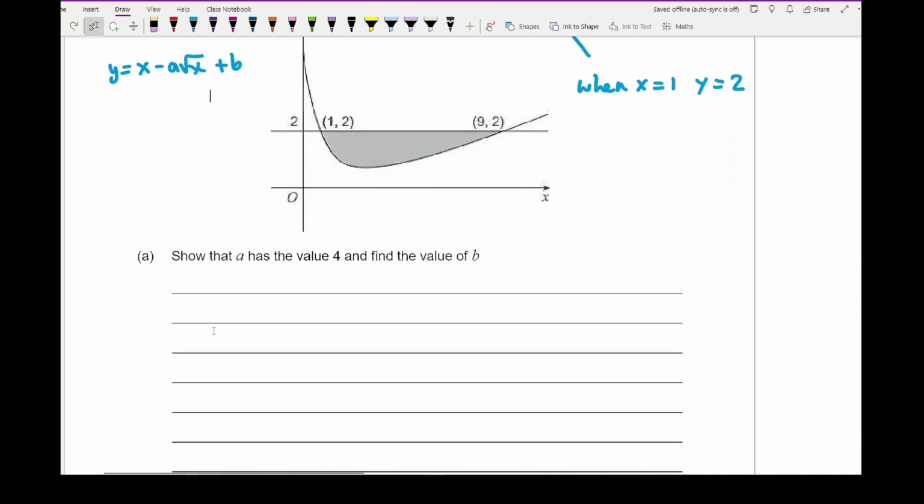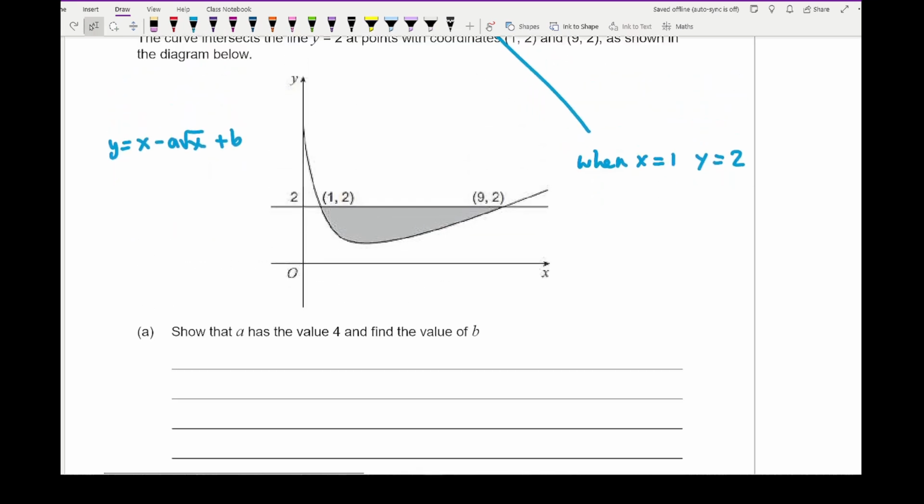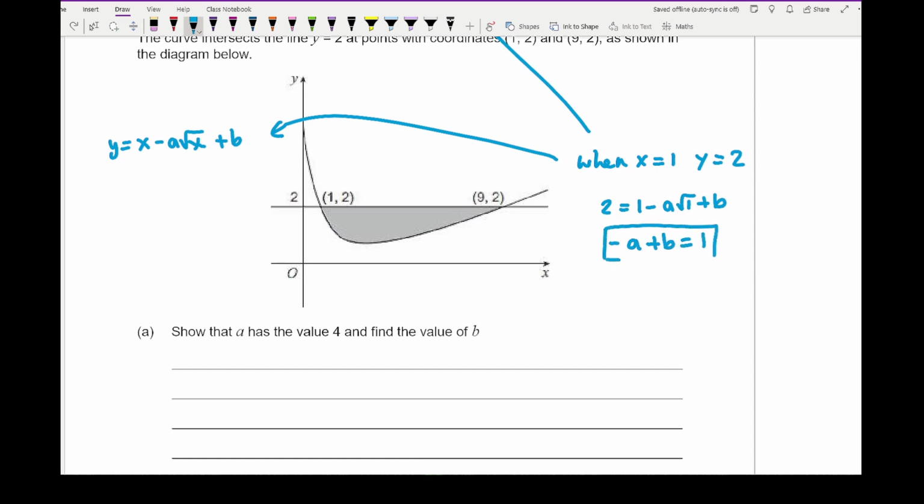Now we can scroll down a little bit. There we go. Substituting that into this equation, I end up with 2 equals 1 minus a root 1 plus b. Simplifying, I end up with minus a plus b equals 1, and that's one of my equations.